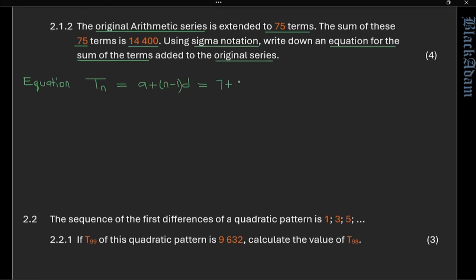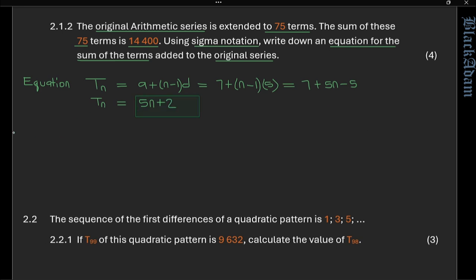So that's 7 plus (n minus 1) multiplied by 5. That will give us 7 plus 5n minus 5. So Tn is going to be 5n plus 2.